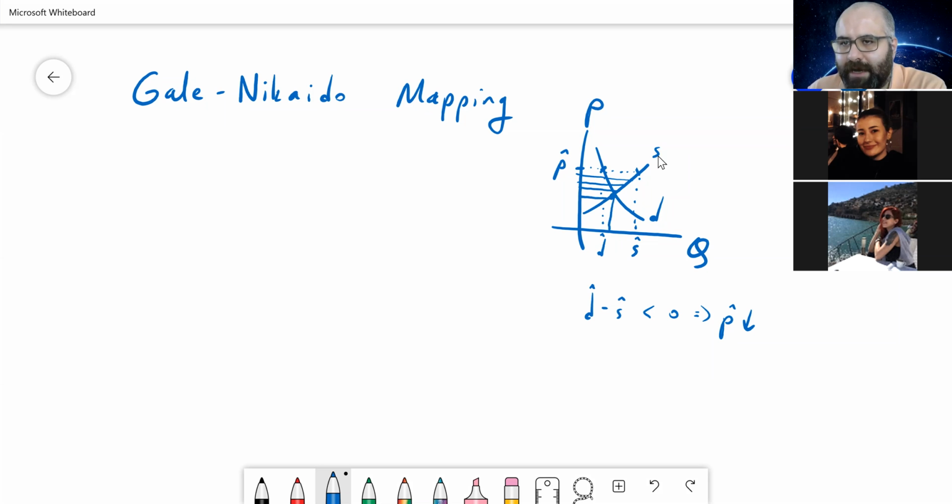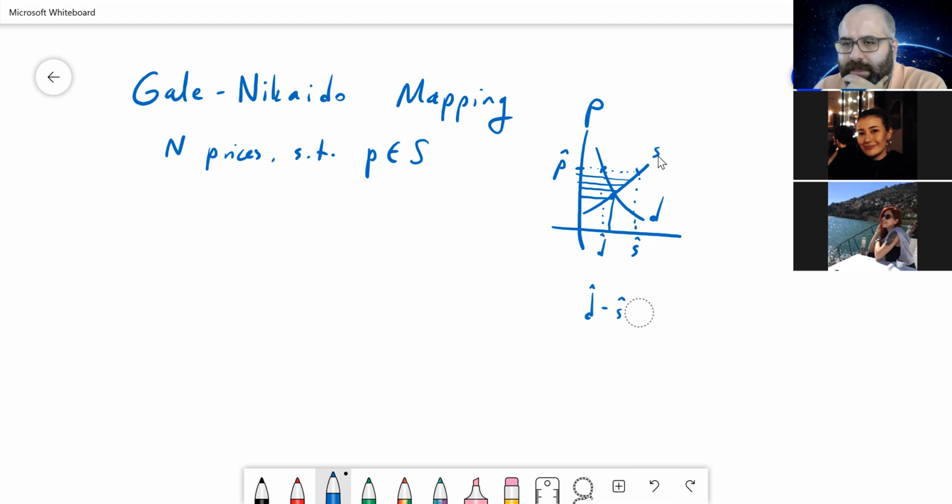All right? Now, I need to model this for n prices such that price vectors are elements in the unit simplex. Okay? That's the key. So how do we do that?